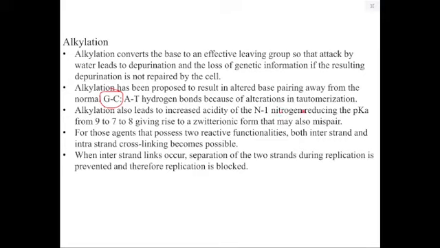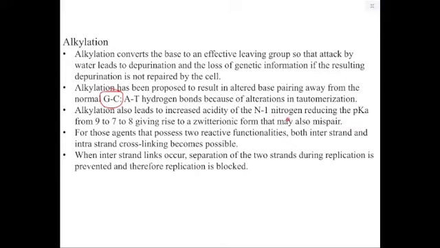For it to be alkylated, it must give away its electrons. Once it donates its electrons, it will be a weaker base. Once it's a weaker base, it means it's a slightly stronger acid, reducing the pKa from 9 to 7 or 8, giving rise to a zwitterionic form that may also mispair.